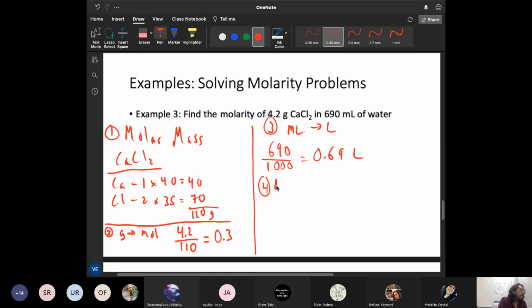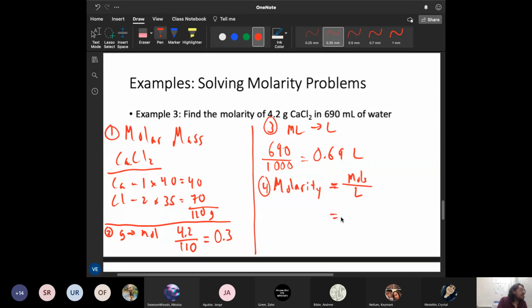And the last step is molarity, which is going to be moles over liters. Sorry, zoned out. Moles over liters.